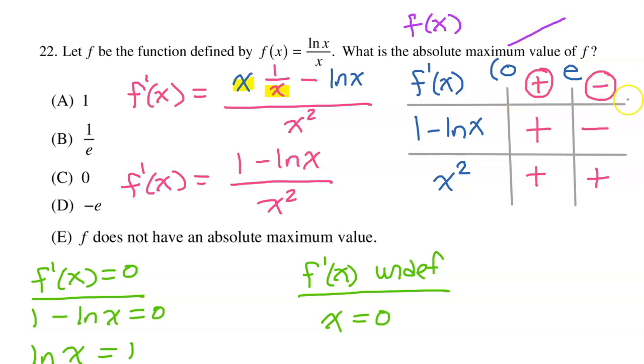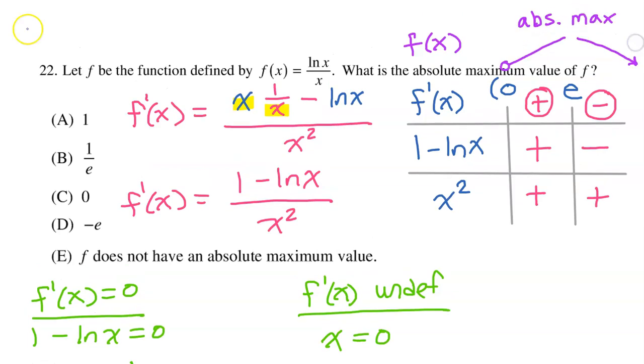Because f prime is negative from e to infinity, that means that f of x is decreasing from e to infinity. Since e is the only critical number between 0 and infinity, then e is not just the location of a relative maximum, it is the location of the absolute maximum.